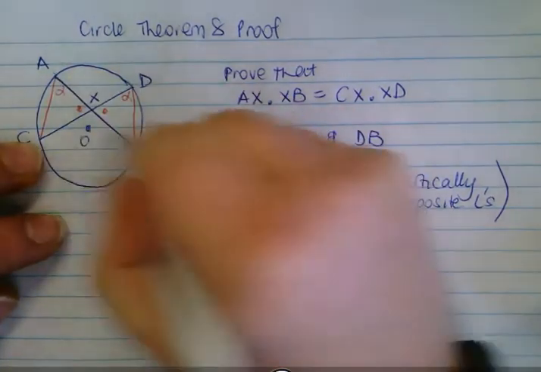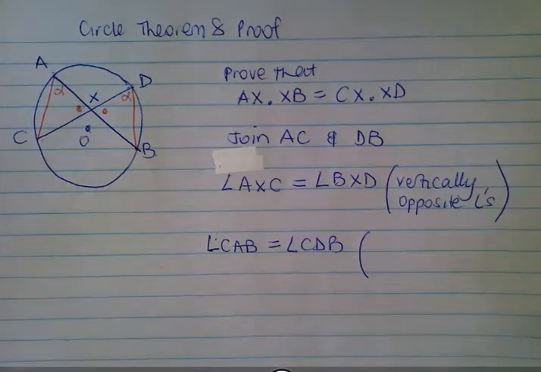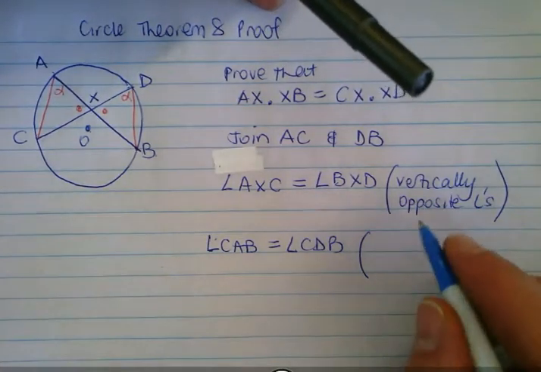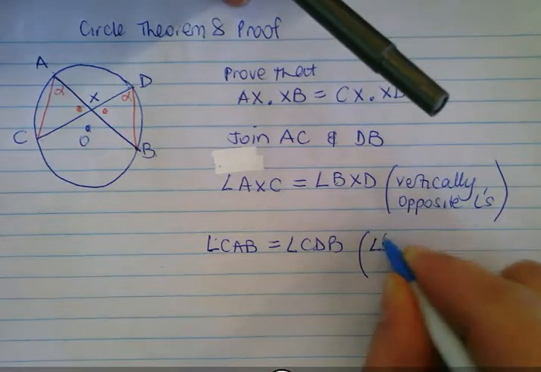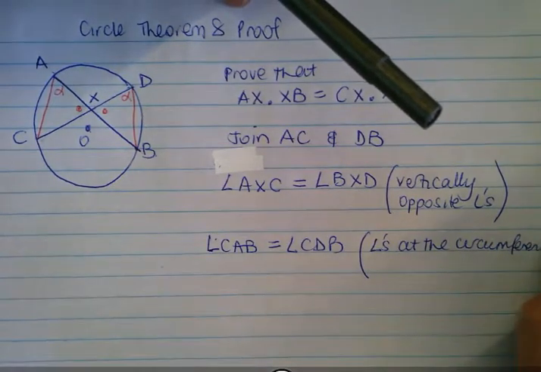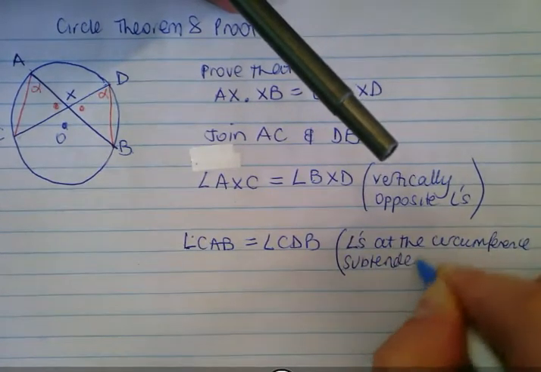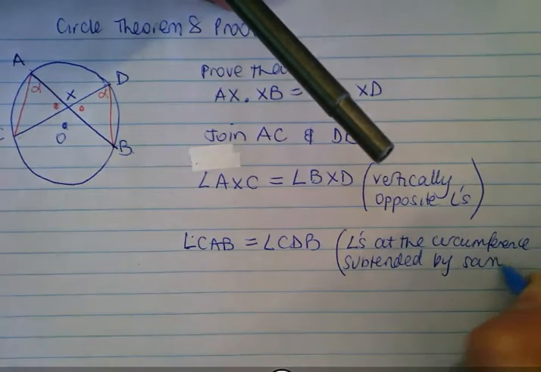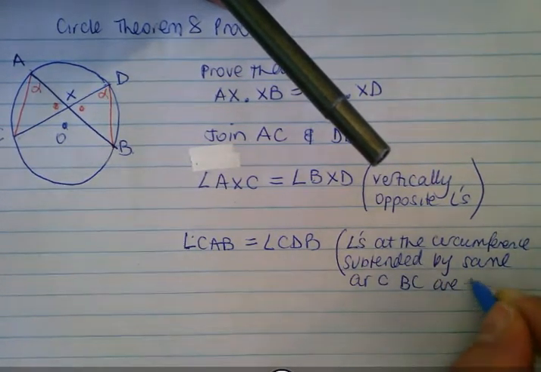You can put angles in the same segment, or angles at the circumference subtended by the same arc BC are equal. I'll use angles at the circumference because it really describes what it is, and I'd like to say what the arc is: arc BC.